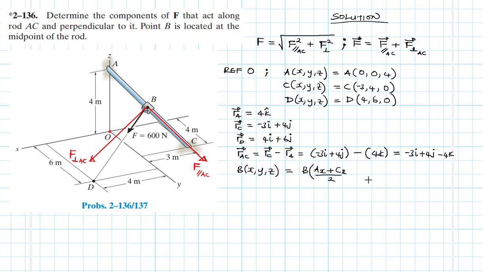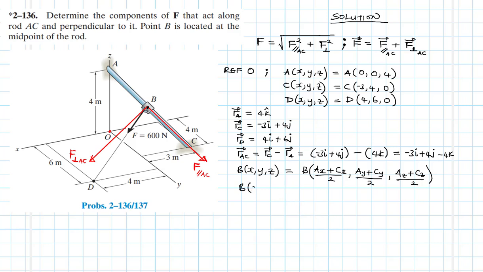Is that fine? That's the X component of B, comma, a component of AY plus the component of CY divided by 2, comma, a component of AZ plus the component of CZ divided by 2. So this is what we are supposed to do, right?